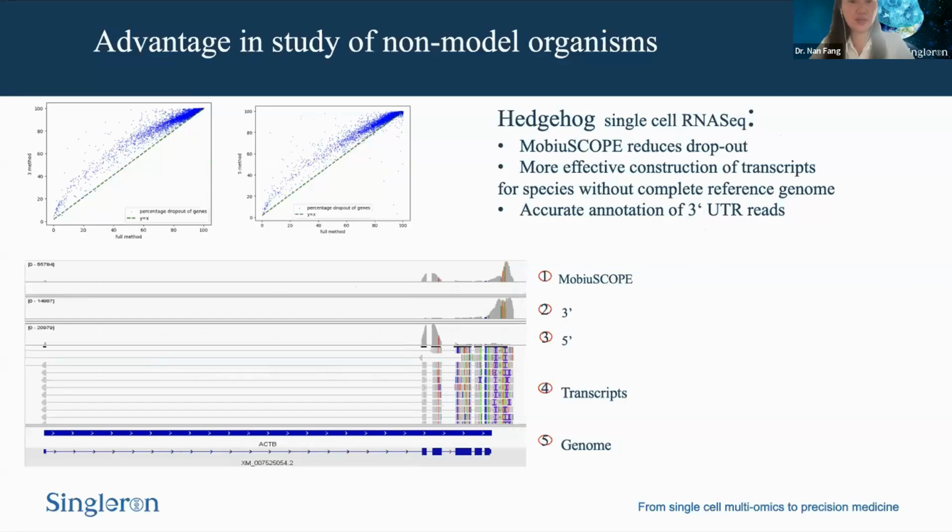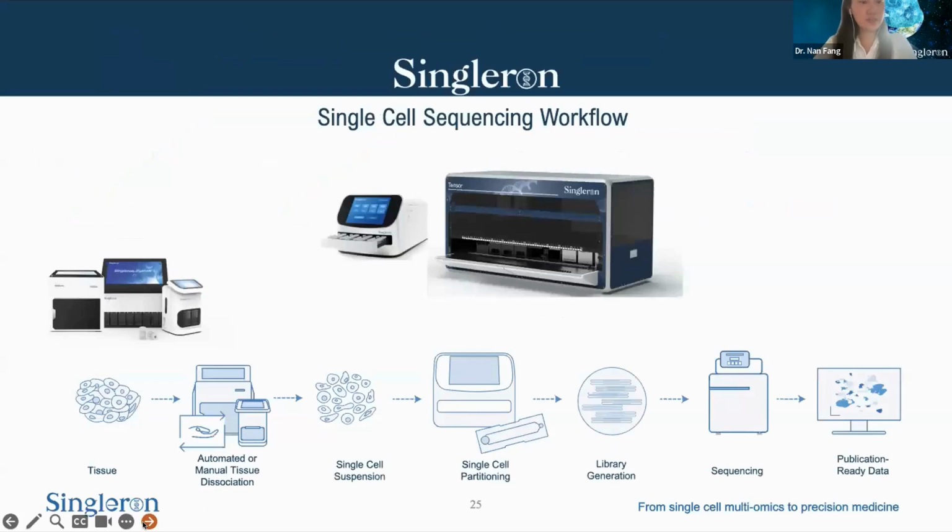And as you can see here from the plots, this would enable us to more accurately annotate all the reads to the right genes. And yeah, so those are some examples of potential applications of the full-length MobiuSCOPE single-cell RNA sequencing solution.